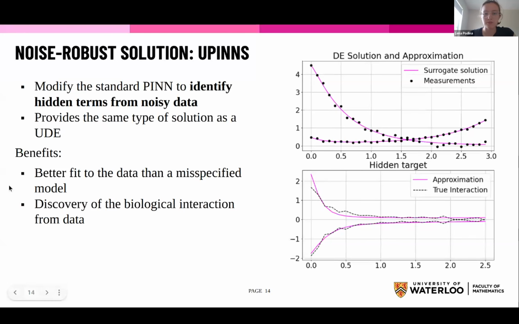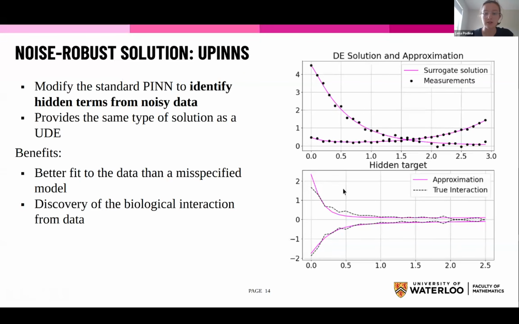So this is an introduction to our method. Basically, we modify the standard PINN to identify hidden terms from noisy data. We provide the same type of solution as a UDE, but we found that it has significant noise robustness, and it can perform well on sparse and noisy data.